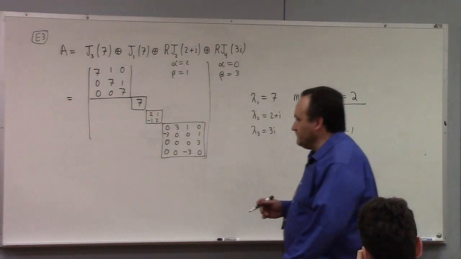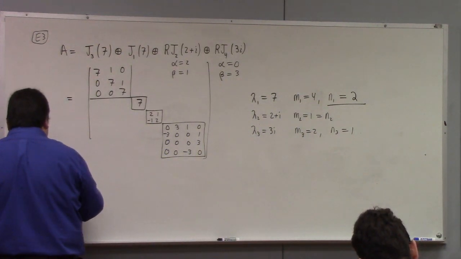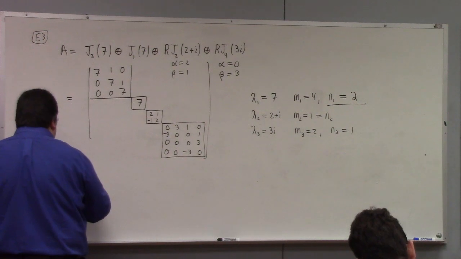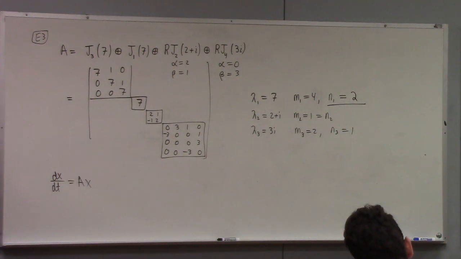So if you wanted to solve dx/dt equals Ax, could you do it if you had this? So the question then is, how do we get real solutions from the complex?